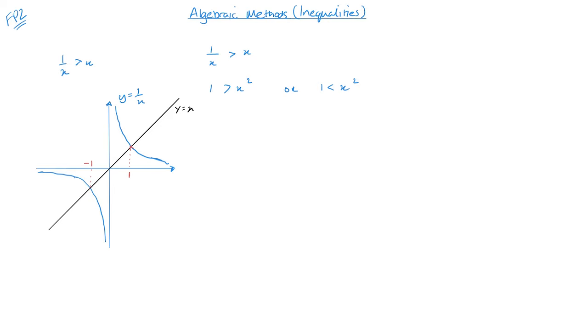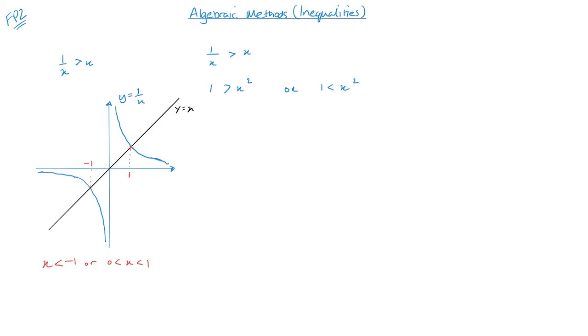It's going to be between 0 and 1, between here and here. And it's going to be less than -1, because as we go past -1, the x is greater than the 1 over x. So what I've got left with is x is less than -1, or x is between 0 and 1. And obviously at 1 they're both exactly the same size.